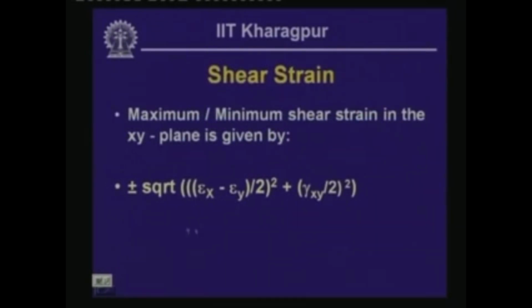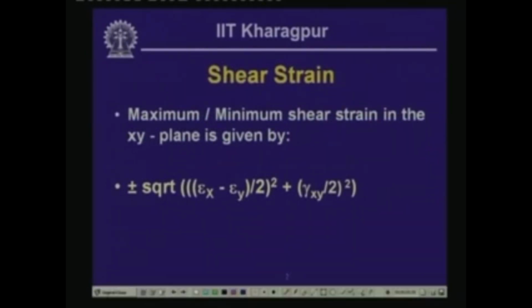Now, if we take the value of tan 2 theta s as we have obtained, this is the angle 2 theta s. This side is gamma xy and this is minus of epsilon x minus epsilon y.